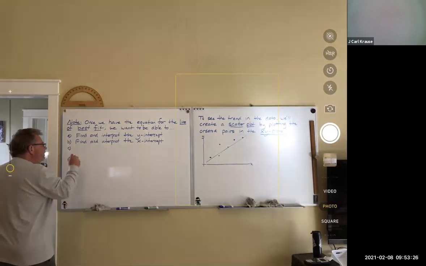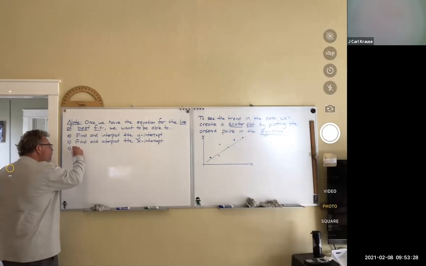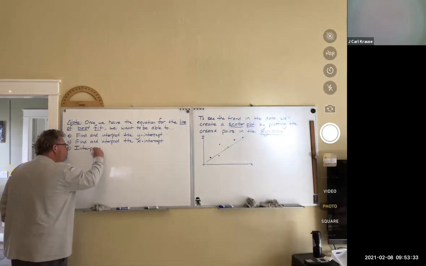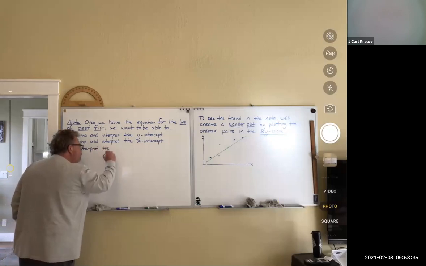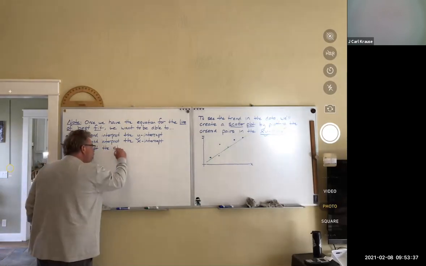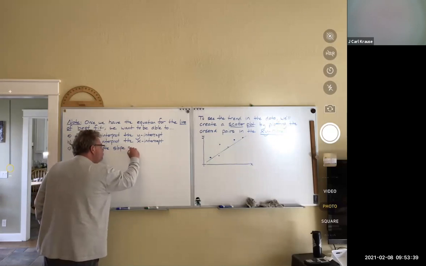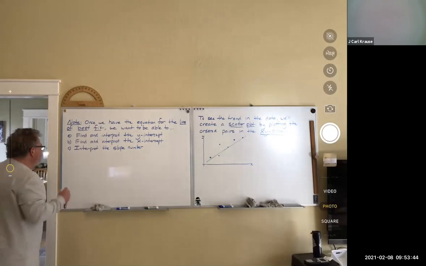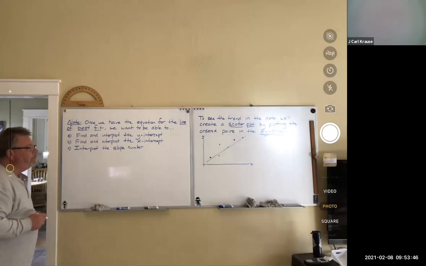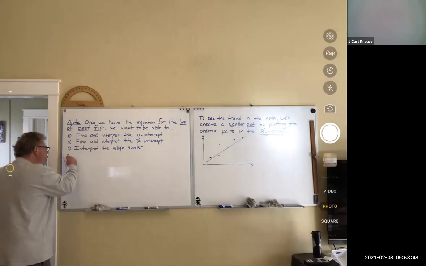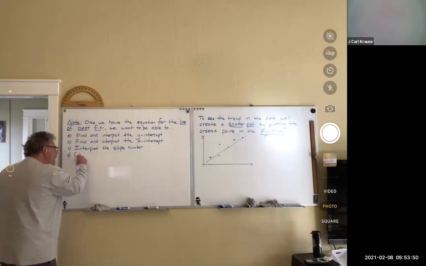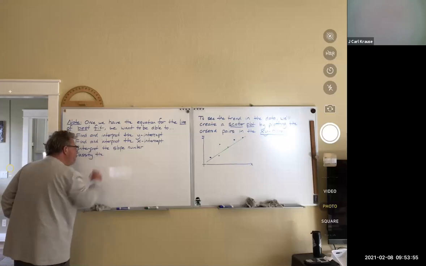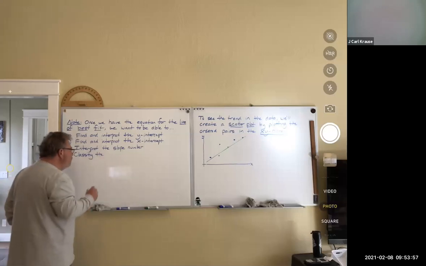We want to be able to interpret the slope number. We want to be able to classify what's called the correlation coefficient.